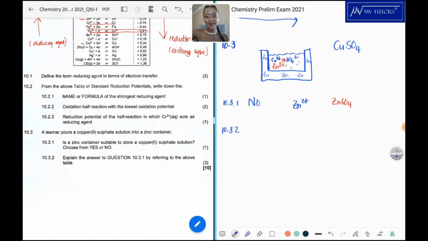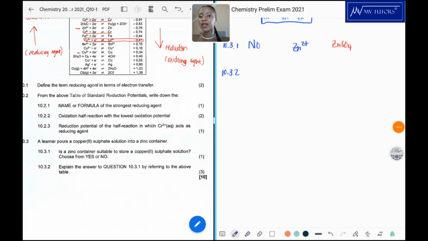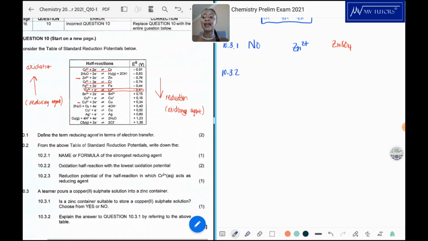But let us find a way of writing it nicely. So let us write this down nicely. Explain the answer to question 10.3.1 by referring to the above table. Again, looking at this, we have said that zinc oxidizes more than copper.